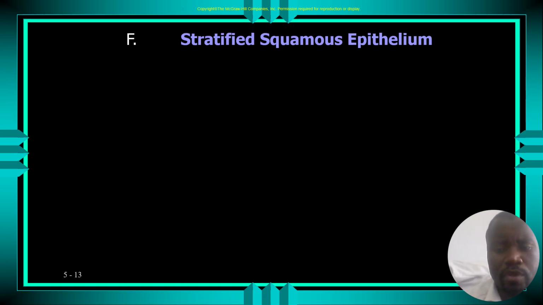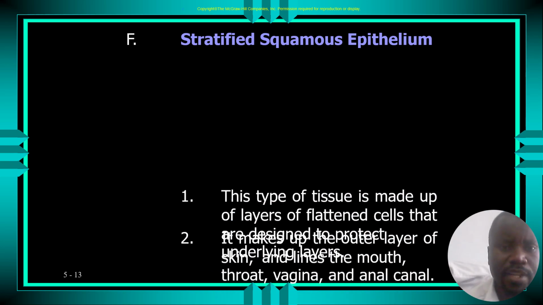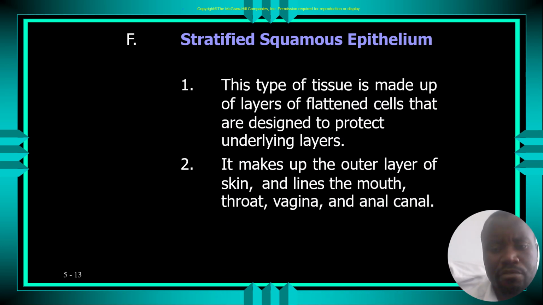Stratified squamous. So we've moved from one layer, now we are looking at at least two layers of cells. Stratified means there are several layers. Strata as in layers, okay? Squamous means the cells are flat. So where do we find several layers of flat cells? We find them in the skin, the lips, the vagina, and several other areas.